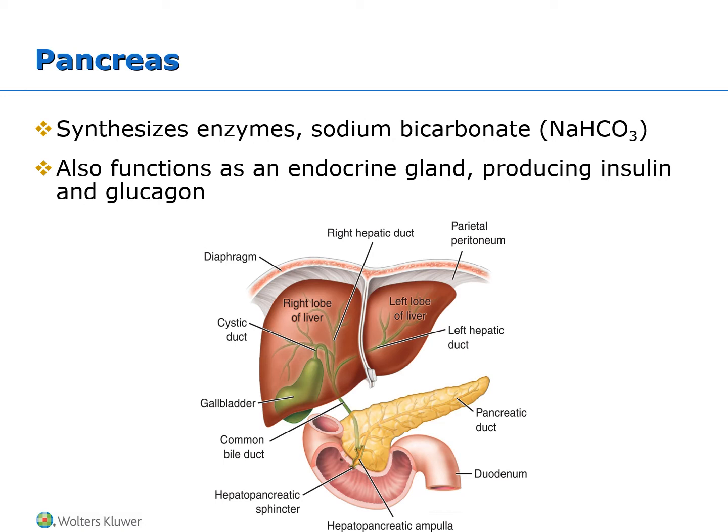You probably remember from the endocrine system that besides that, the pancreas also has an endocrine type of activity through its islet cells that secrete insulin and glucagon.